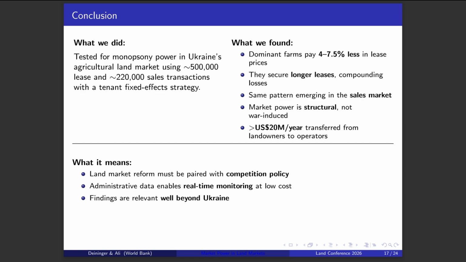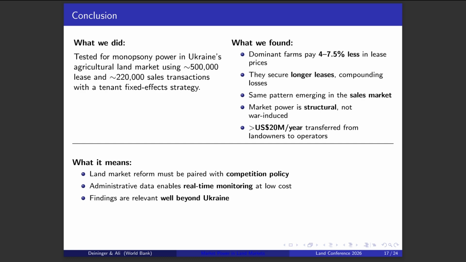They secure longer leases, compounding losses to landowners. The same pattern emerges in the sales market. Market power is structural and not induced by the war. And more than 20 million US dollars per year is being transferred from small landholders to large agri-operators.